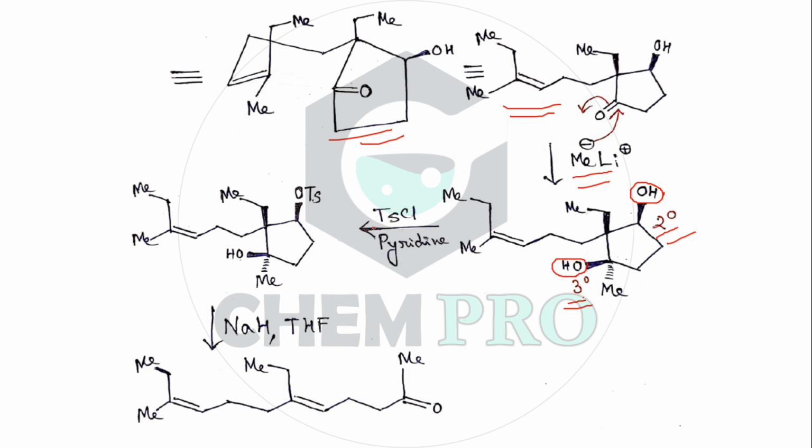So using the TsCl in pyridine, this is a tosylation reaction, and we already know that 2-degree alcohols are much more reactive than 3-degree alcohols in the tosylation reaction. So the 2-degree alcohol will convert into OTs. Okay, that is a leaving group.